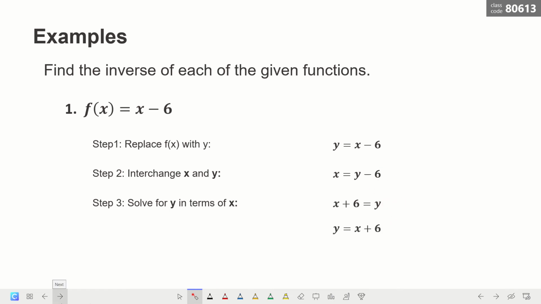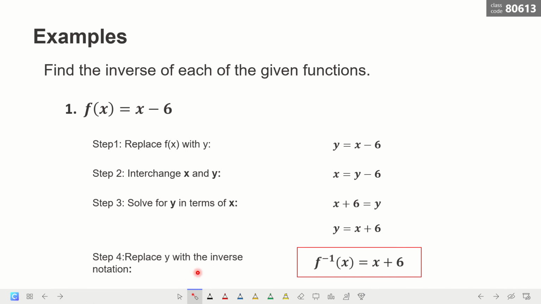So, ayan na. Ang ating final answer. Step 4, replace y with the inverse notation. So, ang ating final answer is this one. So, the inverse function is equal to x plus 6. So, this is the inverse of f of x is equal to x minus 6.